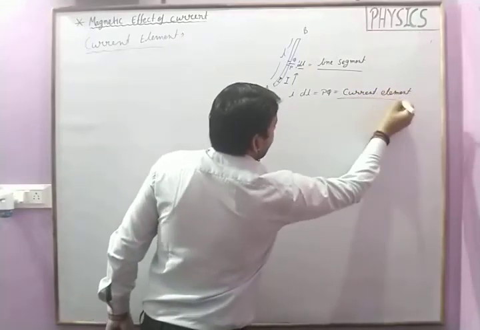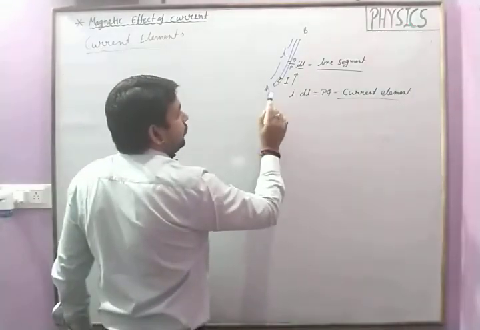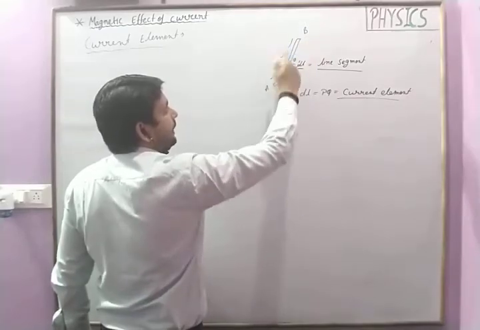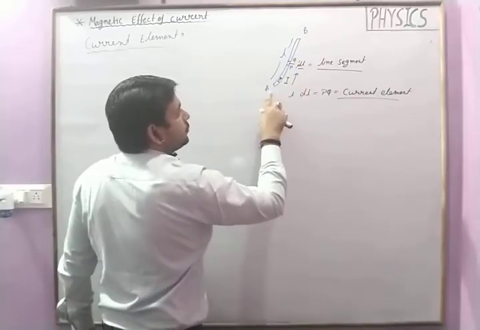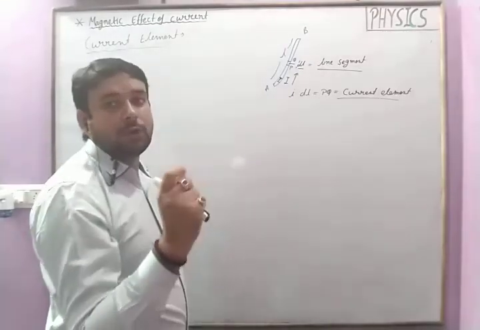Okay, here students we also understand that if the current is moving through this wire of length L from A to B, the current has a direction and also a magnitude.